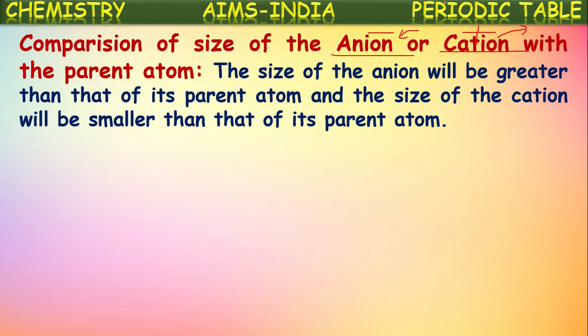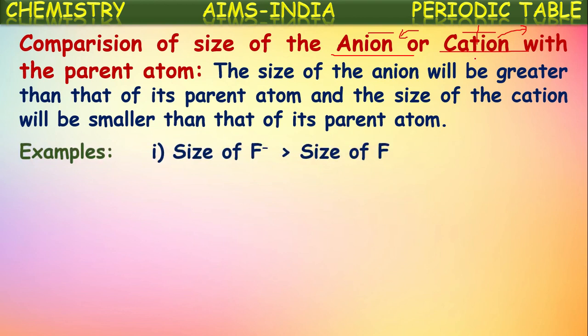What about cations? Cations are formed by the loss of electrons. As electrons are lost, size will decrease because fewer electrons are there. So the nuclear force of attraction will be more on those and hence size decreases. So cations have smaller size than their neutral or parent atoms.